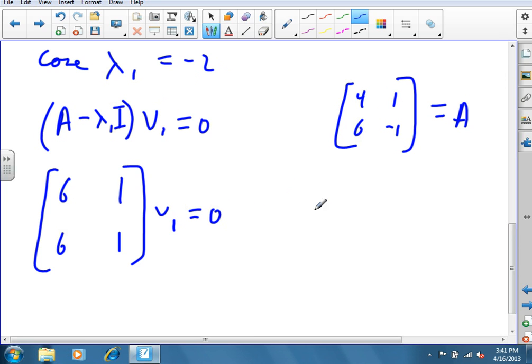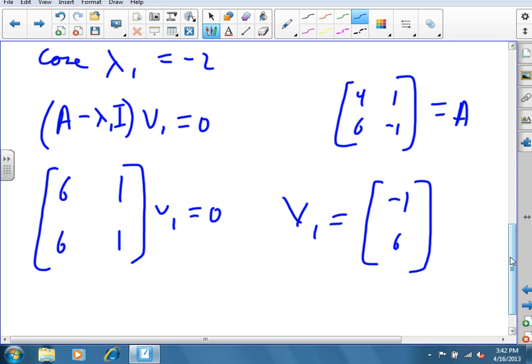Can somebody tell me what V1 is? Gonna have to be quicker than that. Minus 1, 6. Okay, by inspection, is that hard? By inspection, this works.